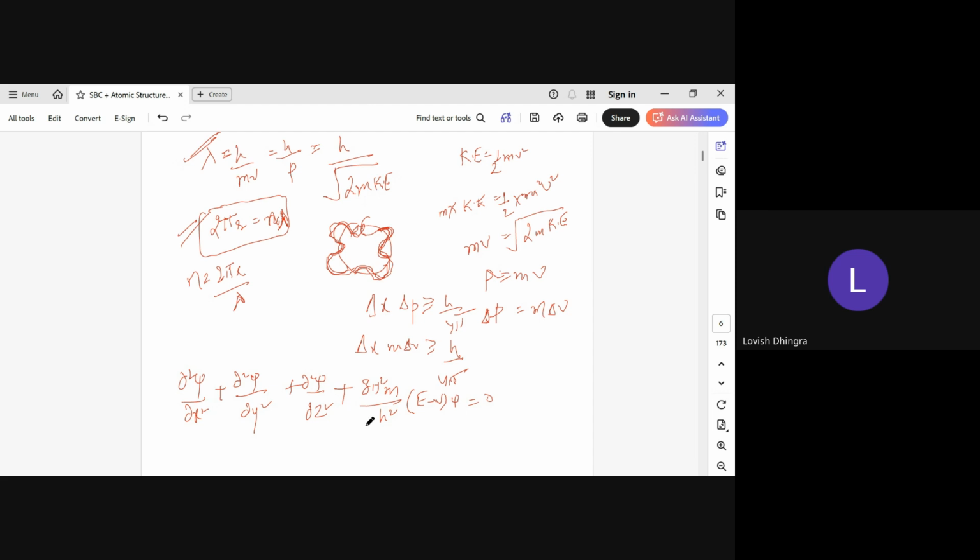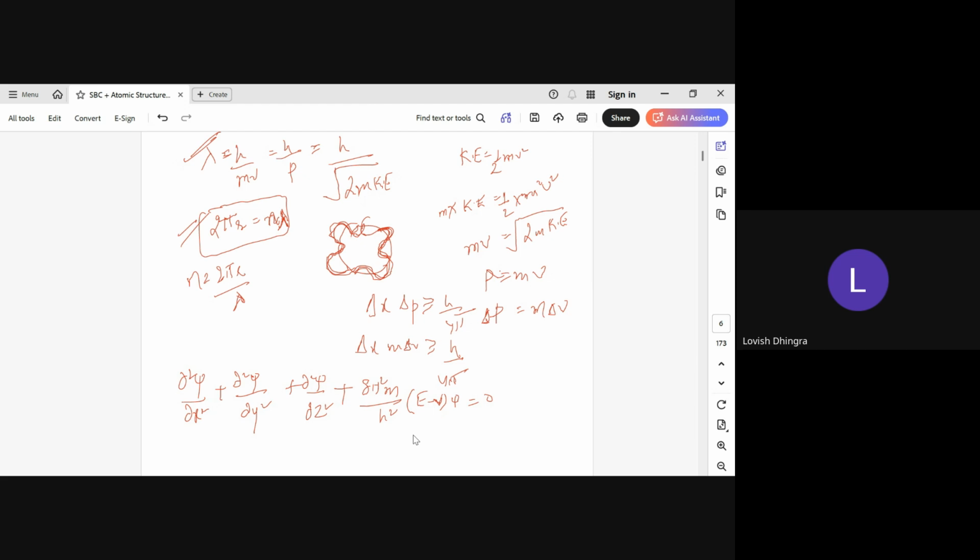This is the Schrodinger wave equation, where psi is the wave function, m is the mass of the electron, h is Planck's constant, and V is the potential energy of the electron. x, y, and z are the coordinates to determine the location of the electron.